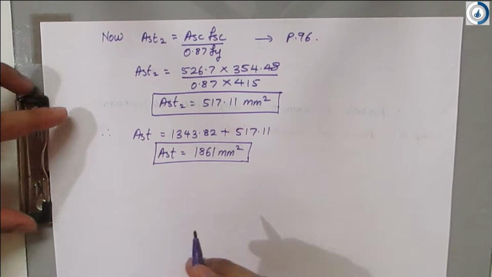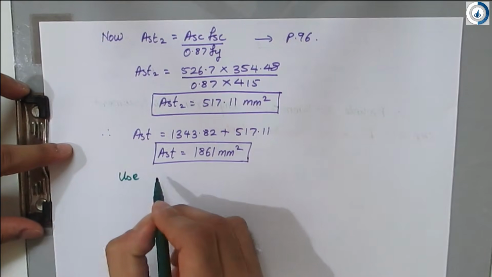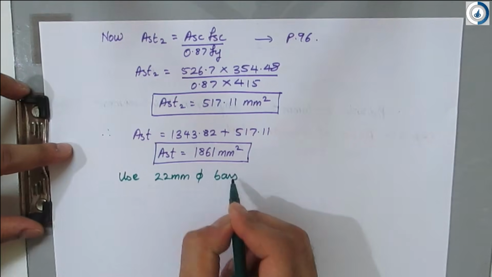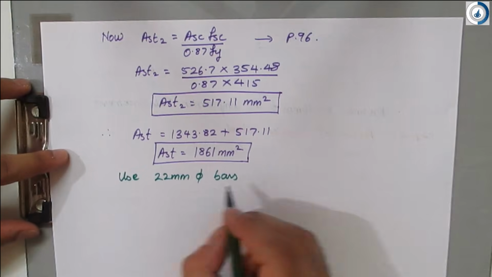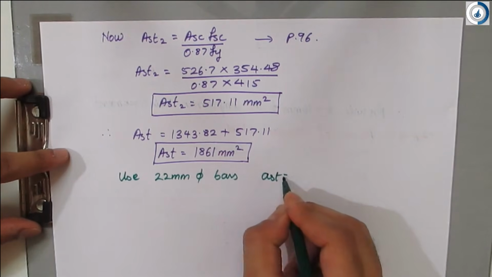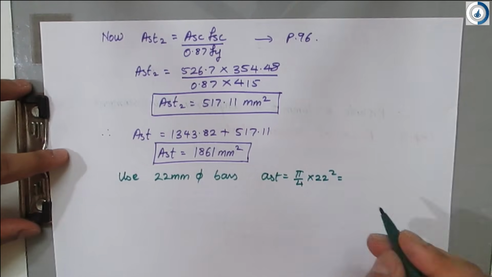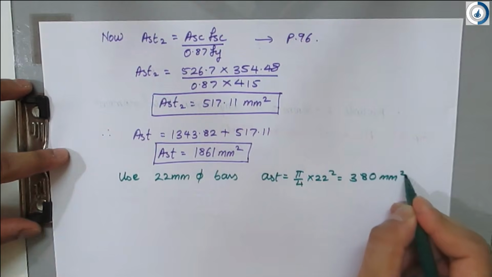Now you have to choose the reinforcement bars. So use 22 mm diameter bars. Calculate the area for each bar, that is ast equals pi by 4 into 22 square. So you will be getting 380 mm square.